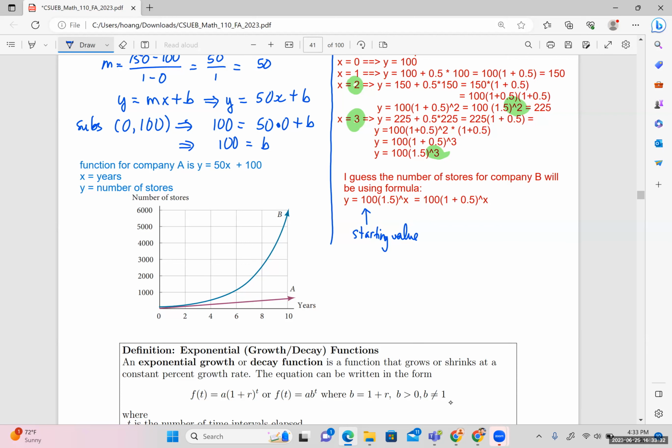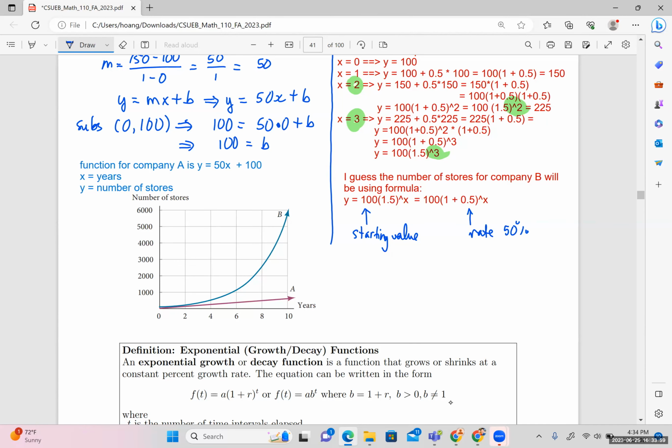And the R, or the rate here. This is the rate. The 0.5 was the rate at 50%. All right, so that is the formulas for each company in here.